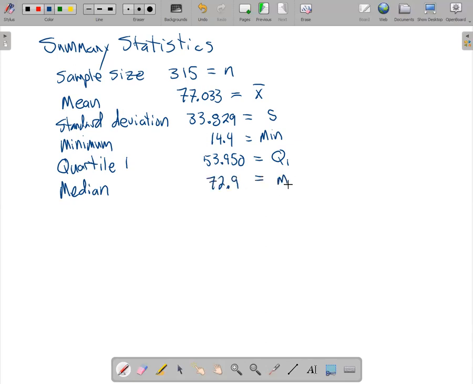Its variable is the letter M, lowercase. Quartile 3, 95.25. And the question is, do we include those extra zeros? It's optional. That's capital Q with a little 3 next to it. Then we have the maximum. It doesn't exactly get a letter, but often we abbreviate it as max.